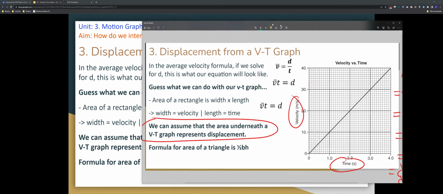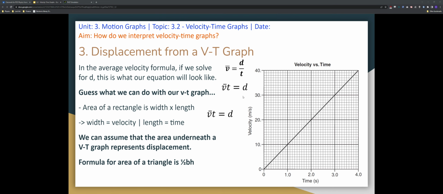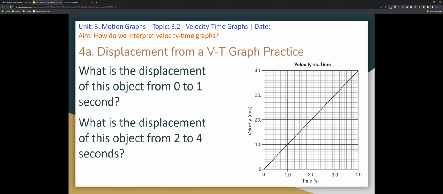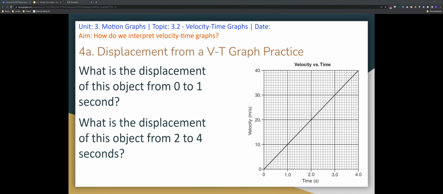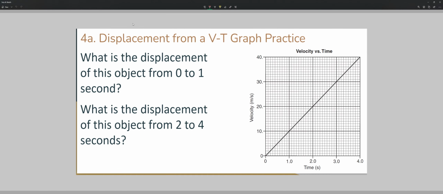All right. So let's do some practice with that. What is the displacement of this object from 0 to 1 second? From 0 to 1 second, we want the area underneath that line, the shaded area I have in red.